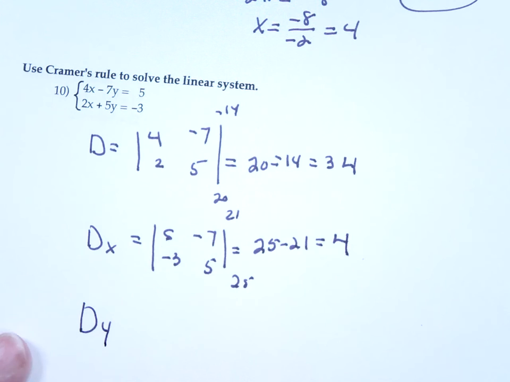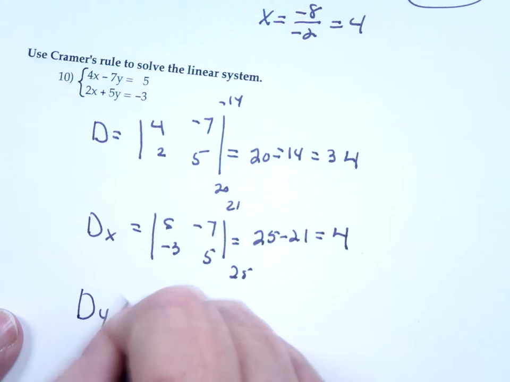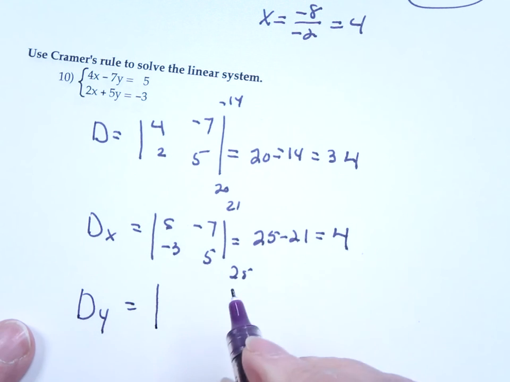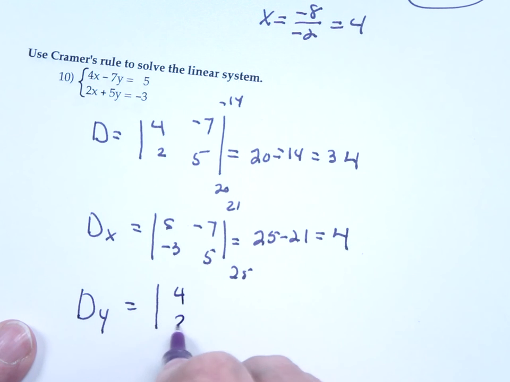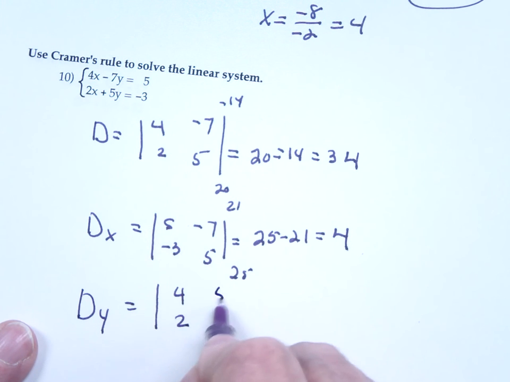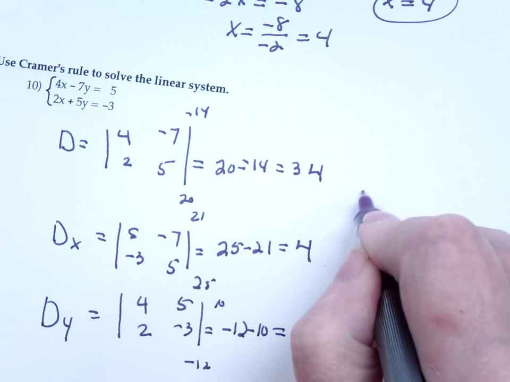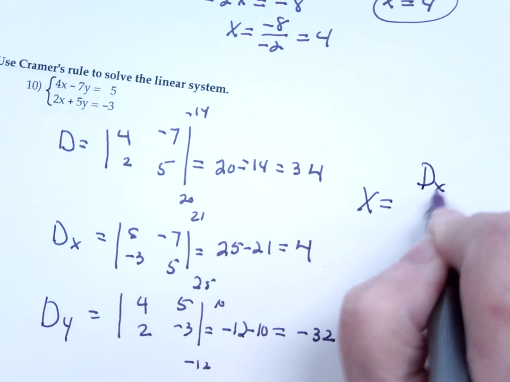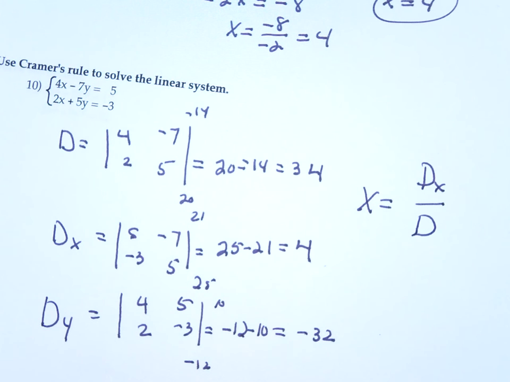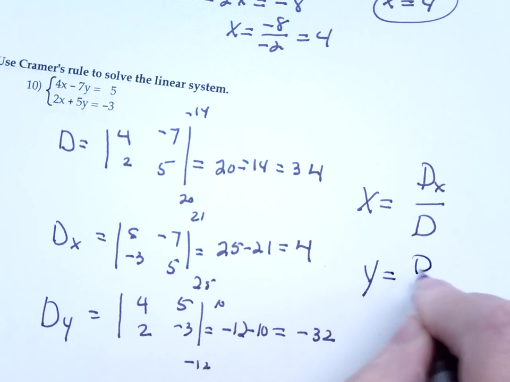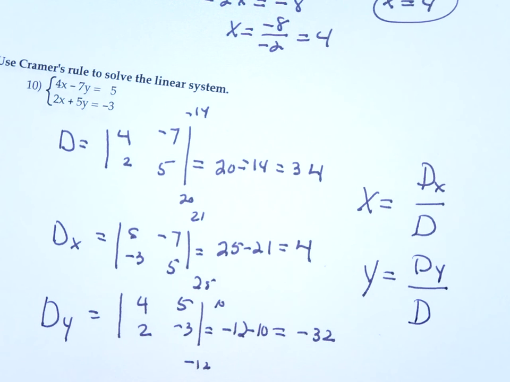D sub y, you replace the y's by the constants. So 4, 2, constants are 5, negative 3. So down is negative 12, up is 10. So it's negative 12 minus 10, or negative 32. So x is d sub x divided by d, and y is d sub y divided by d.